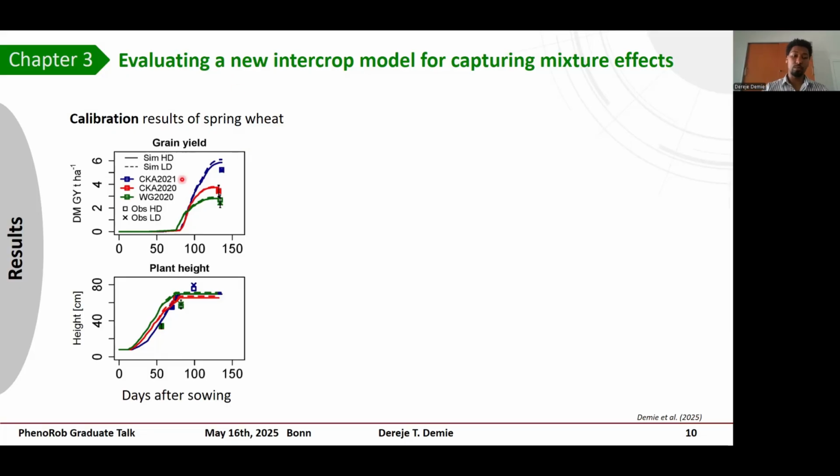This is a result for grain yield for two soil densities for each site. The lines are simulation, and the points are observation. The second plot, the lower plot, is for plant height, and it seems that the model fits the observation well.